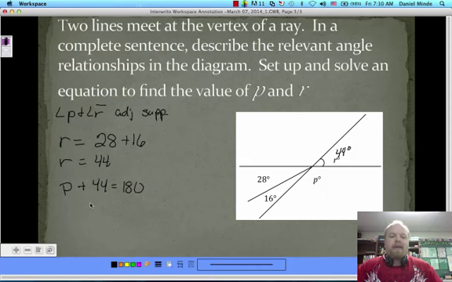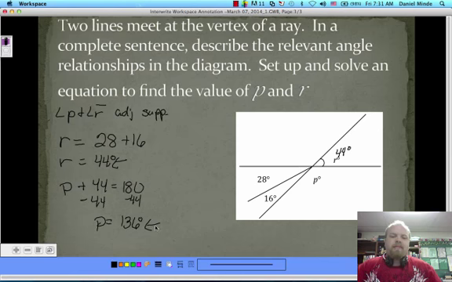Now, I need to get P by itself. How do I do that? I have to add the opposite of my constant, which is 44, so a negative 44. So I add negative 44 to both sides. When I do that, angle P is going to equal 136 degrees. So angle R, 44 degrees. Angle P, 136 degrees. Okay?